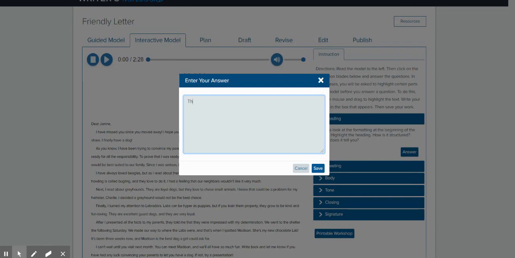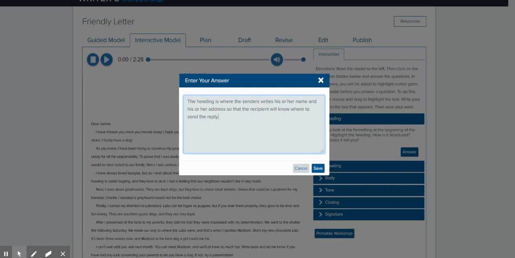So let's say the heading is where the sender writes his or her name and his or her address so that the recipient will know where to send the reply.